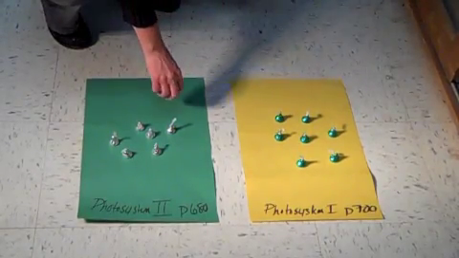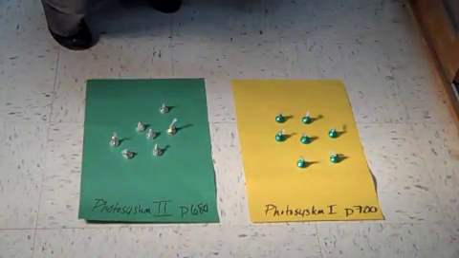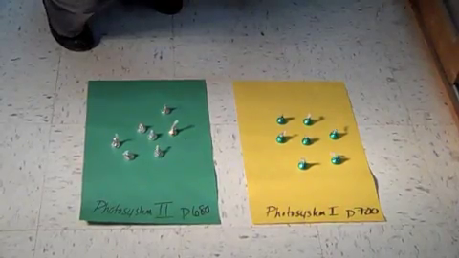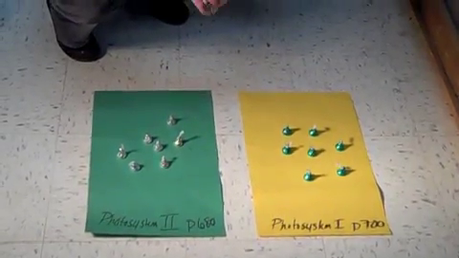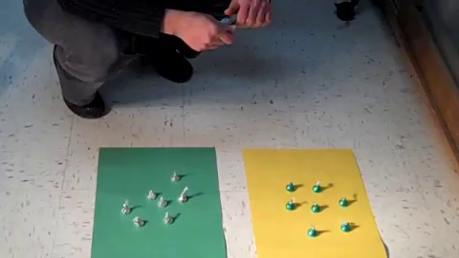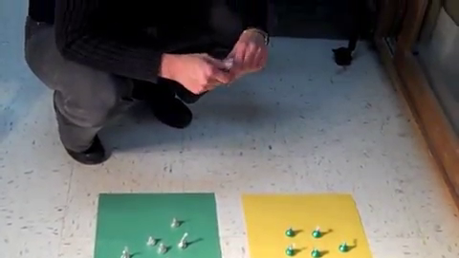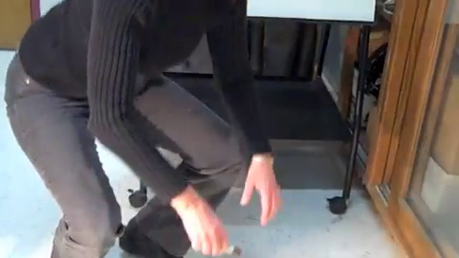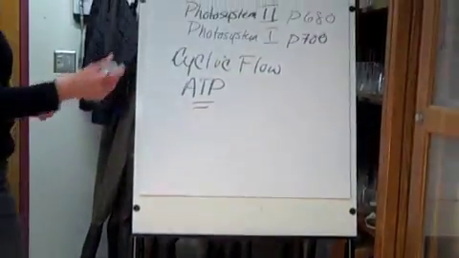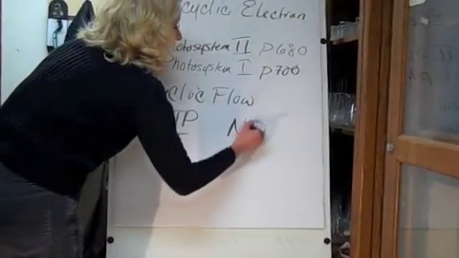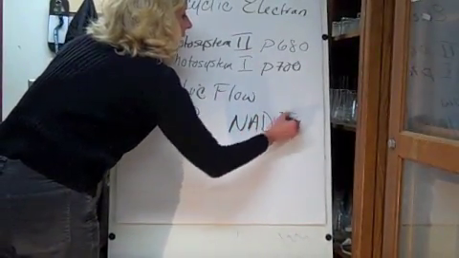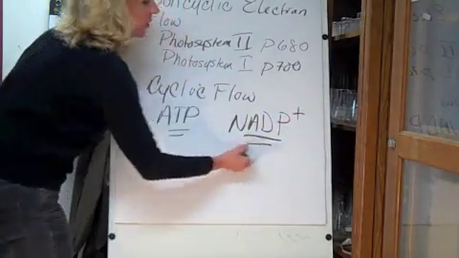And they're going to go via an electron carrier. And if you remember from cell respiration, we had an electron carrier, NAD. And this one's really easy to remember. It's NADP. Let's just write that up on the board, if we can. So NADP is your electron carrier.